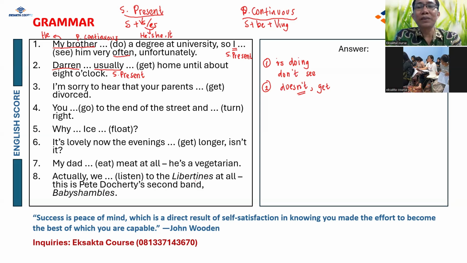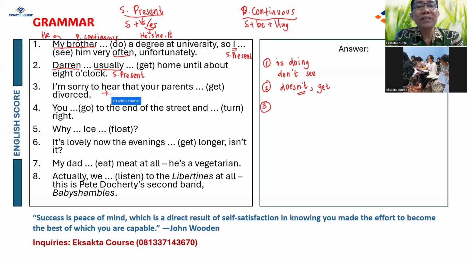Okay, now number three. I'm sorry to hear that your parents blank get divorced. Okay. Here is present continuous.